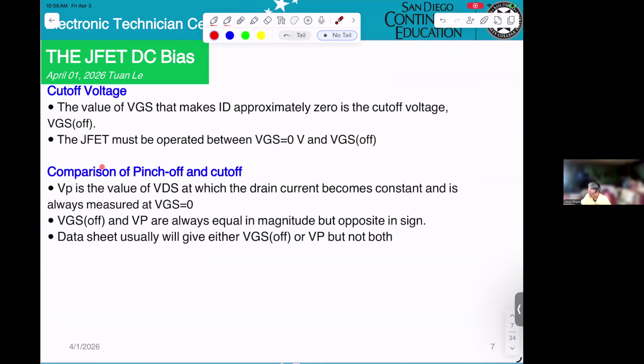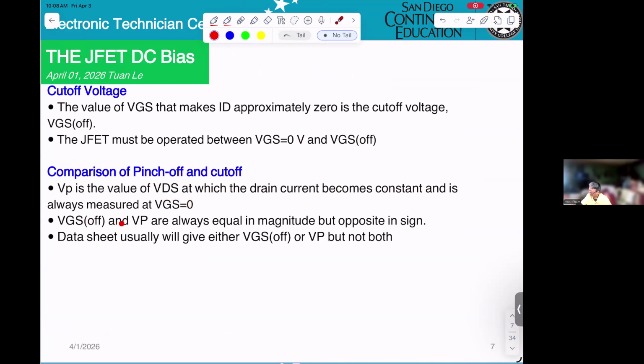Comparison of pinch-off and cut-off. VP is the value of VDS at which the drain current becomes constant, and it is always measured at VGS equals 0.